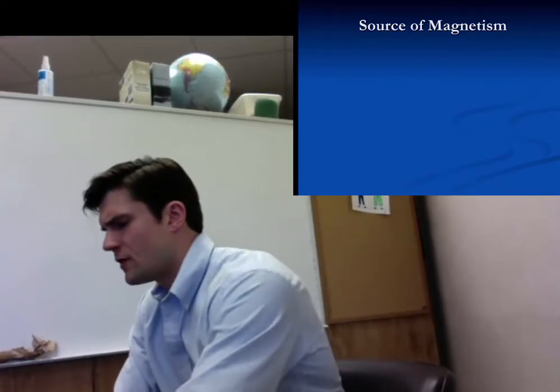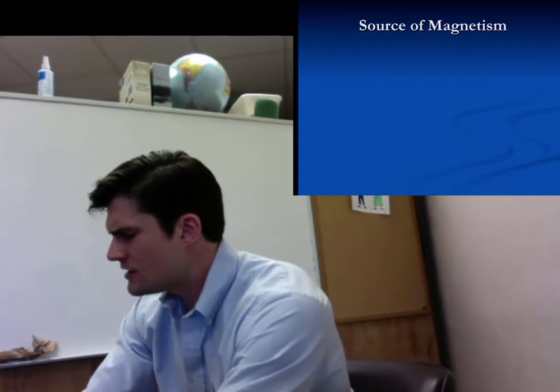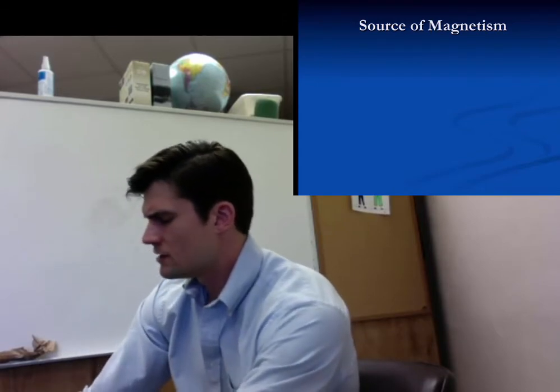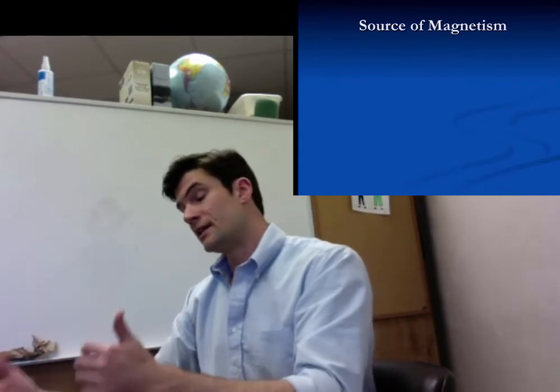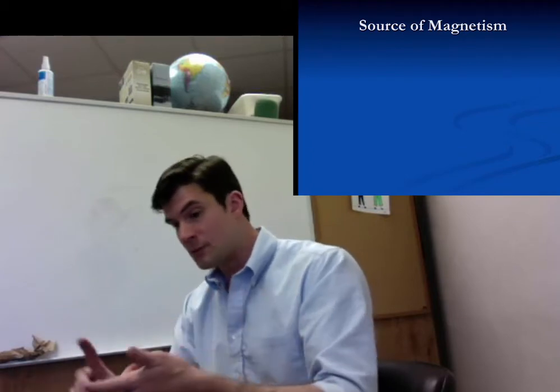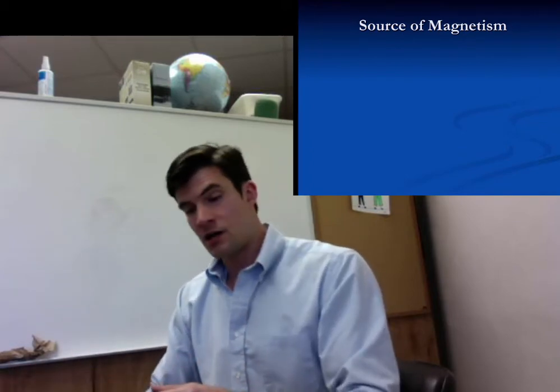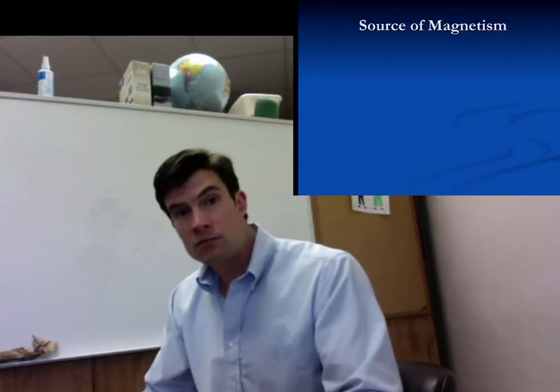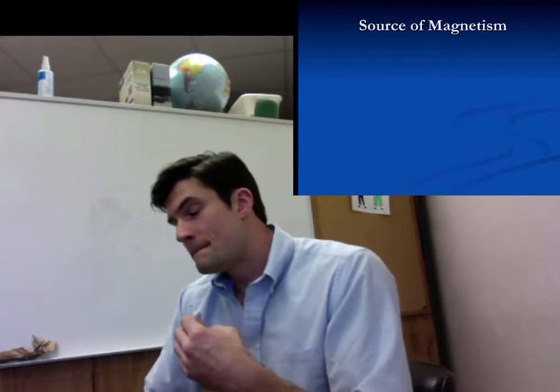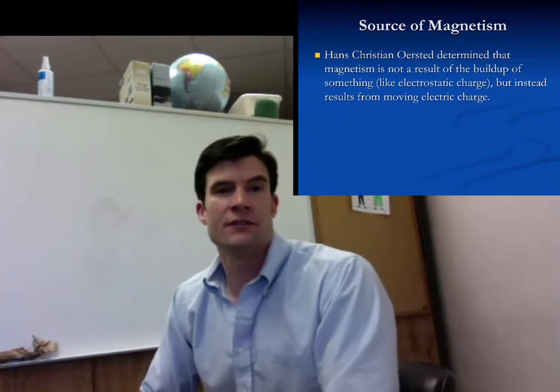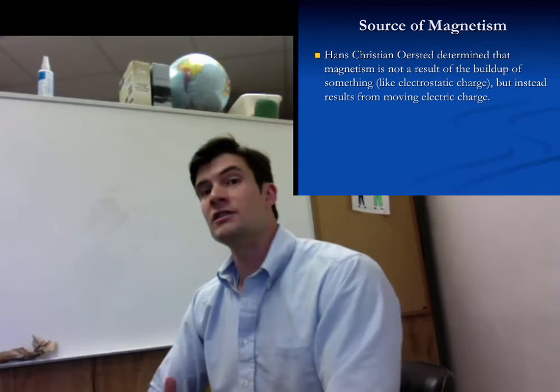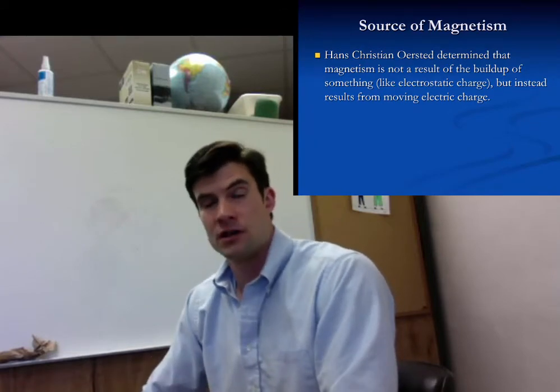Initially, people thought, since there were these similarities between magnetic poles and electric charges, two types, positive and negative, north and south, opposites attracting, like poles repelling, that magneticness was due to the buildup of something, like electric charge is due to the buildup of electrons.